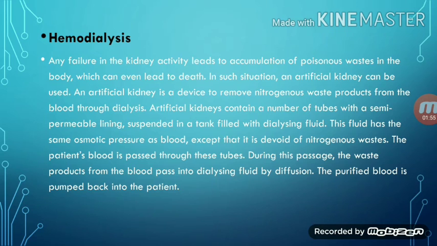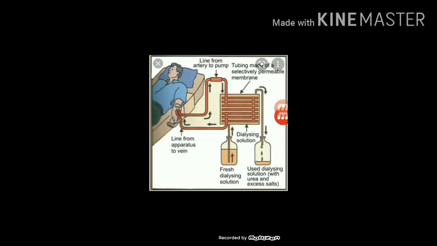Then doctors fit this artificial kidney to our body to filter our blood and remove nitrogenous waste from our body. Okay students, this is the process of dialysis, which is also known as the artificial kidney. So it is a diagram, and that picture will help you to clear this method.